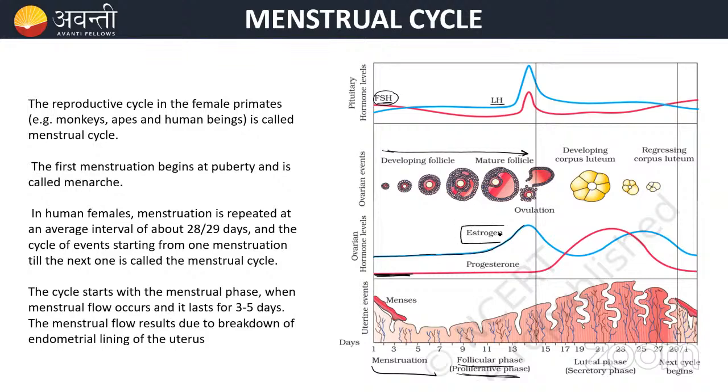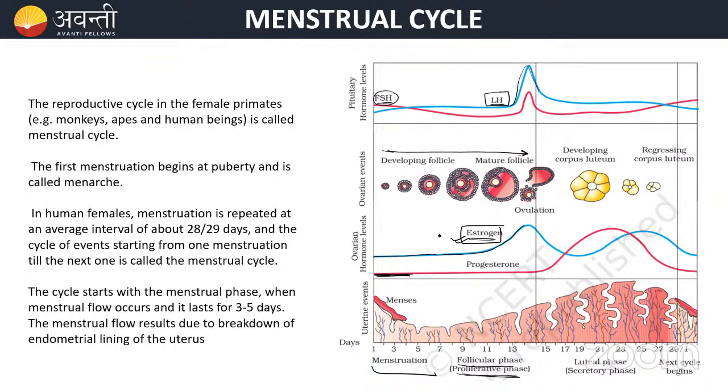This estrogen hormone gives a positive feedback to the LH hormone. So on day 14, estrogen gives a positive feedback to LH, and the LH hormone suddenly increases. You can see on day 14 there's a sudden increase in LH. This sudden increase is due to the positive feedback from the estrogen.